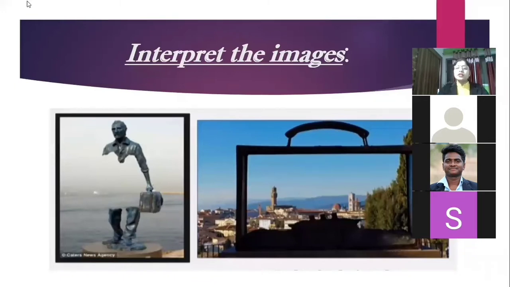So he's not only carrying the luggage with him, he's not only carrying the culture with him, he's not only carrying the tradition with him, he's also carrying the language with him.